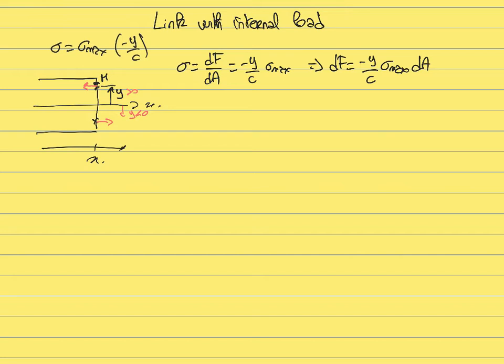And so this force is going to be a linear function of y. That is to say that if I draw the force that is applied by the right to the left as a function of the position y, it's going to show a shape like this, where the force becomes more and more compressive when y becomes larger and larger, more and more positive.